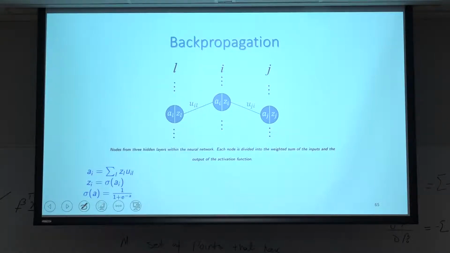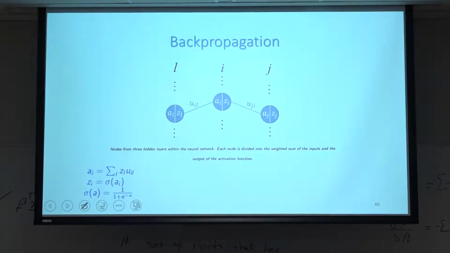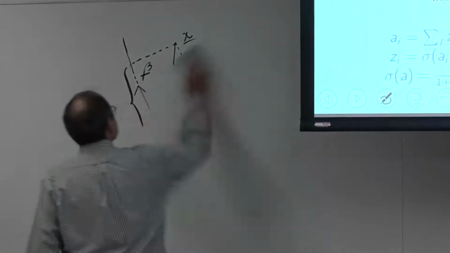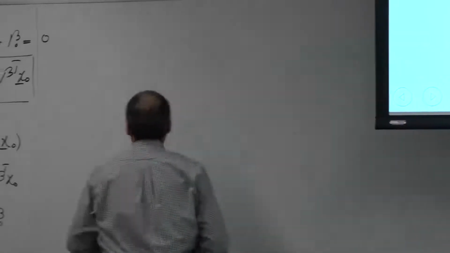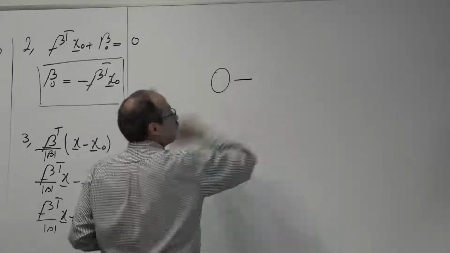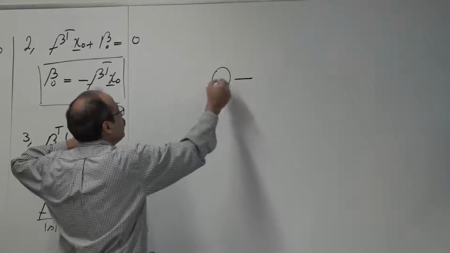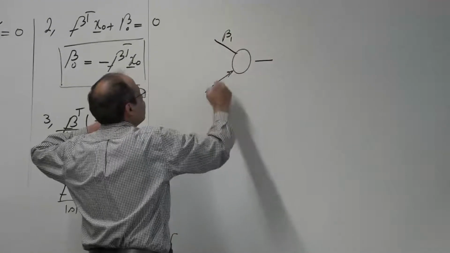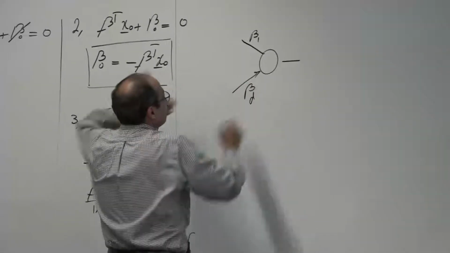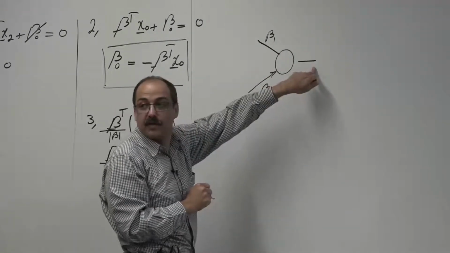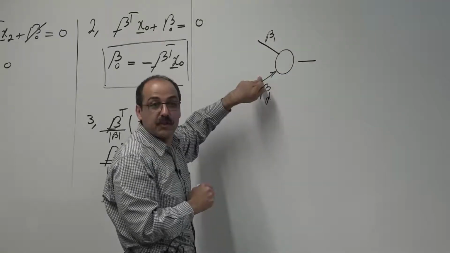In the case of the perceptron, it was trivial to compute the error with respect to the weights W1 through WD. It was easy to compute the derivative of the error function with respect to this beta.